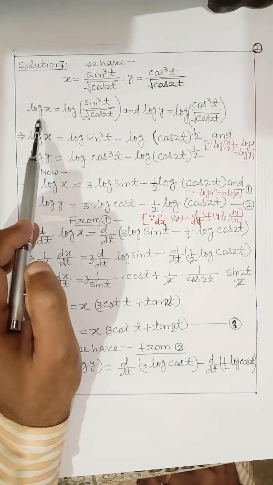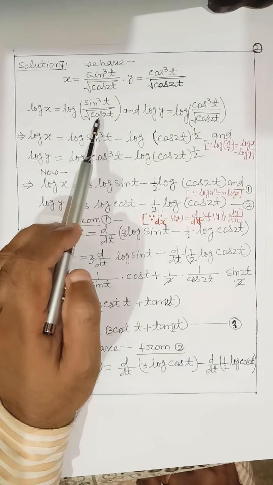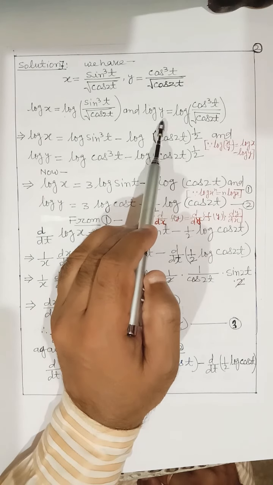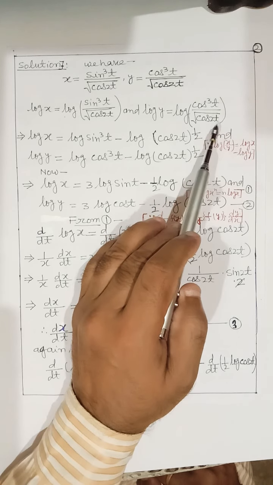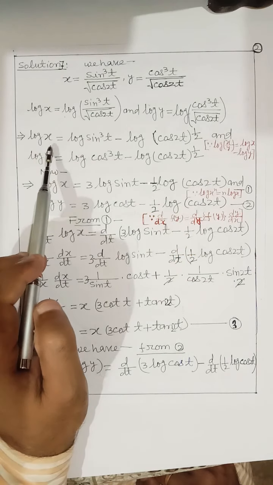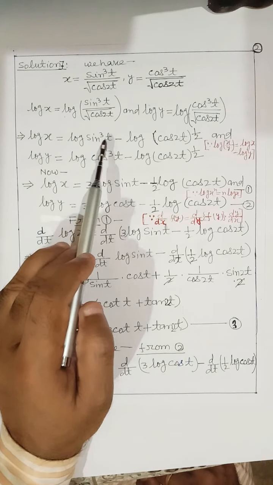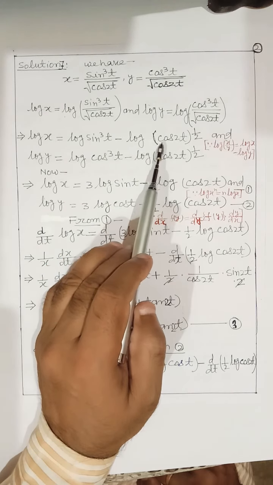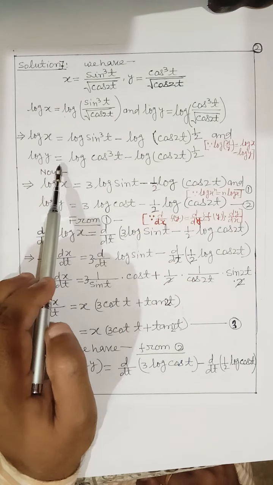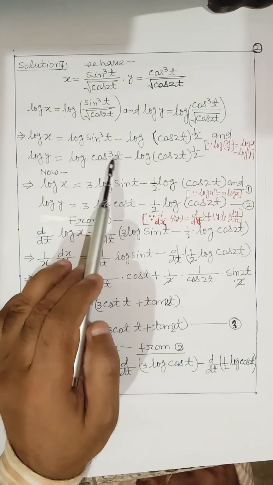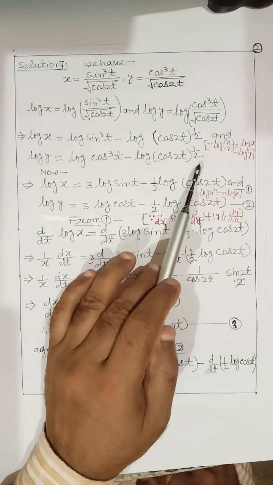So we get log x = log (sin³t / √cos 2t) and log y = log (cos³t / √cos 2t), and this is equal to log x = log sin³t minus log (cos 2t)^(1/2) and log y = log cos³t minus log (cos 2t)^(1/2).